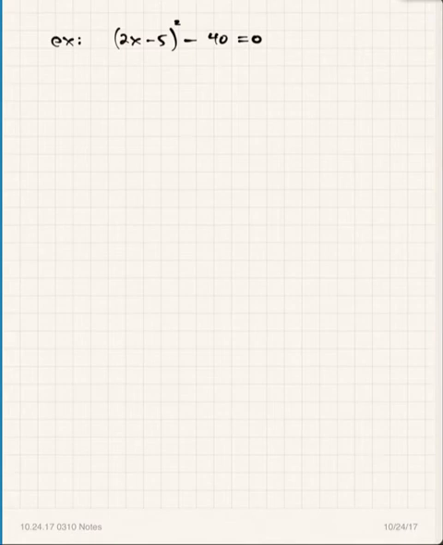And so that's the first thing you need to do, is put this equation in the form something squared equals a constant. You've got something squared minus 40 equals 0, so it's not something squared equals a constant. So add 40 to both sides, and now it is in this form that we need for the square root method. Something squared equals a constant.